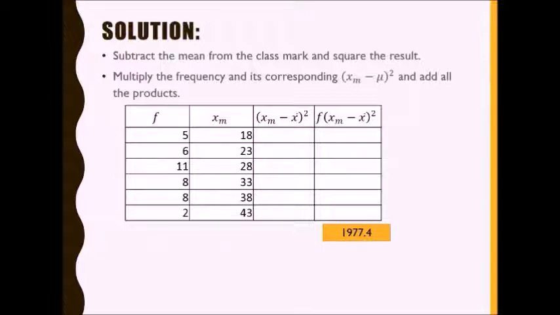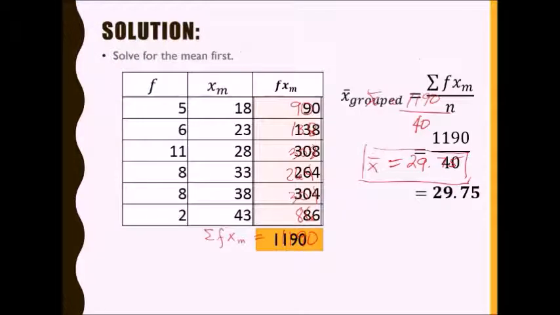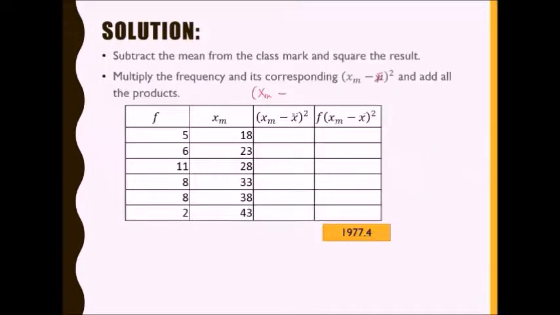So, whatever the class mark is, we subtract our mean, x bar. Our mean is 29.75. Then we will square the result.